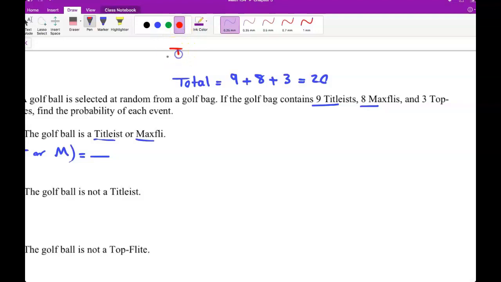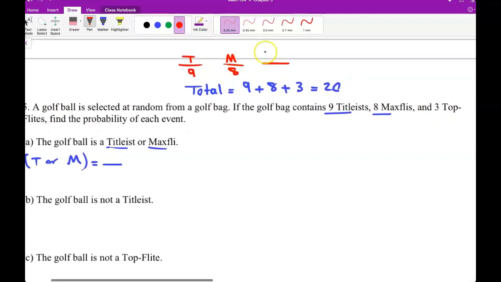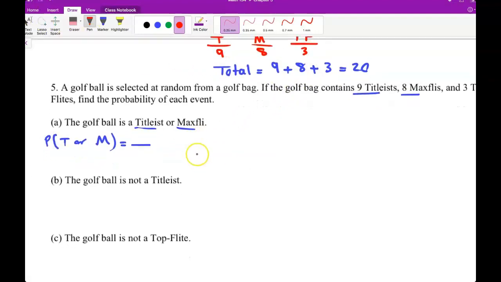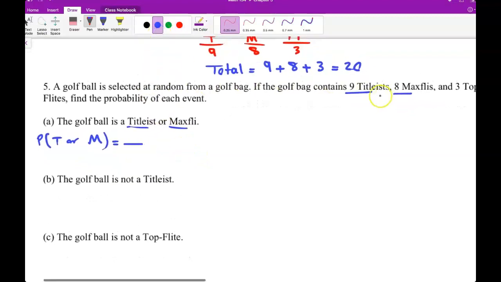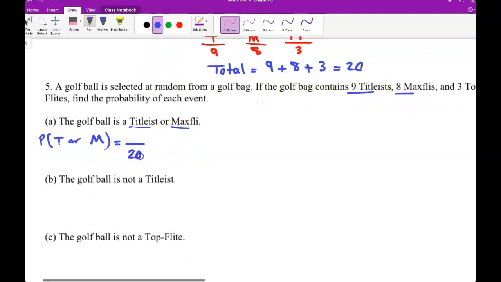So I used T, M, and for this one let's use TF. So in total we have 20 in the denominator.